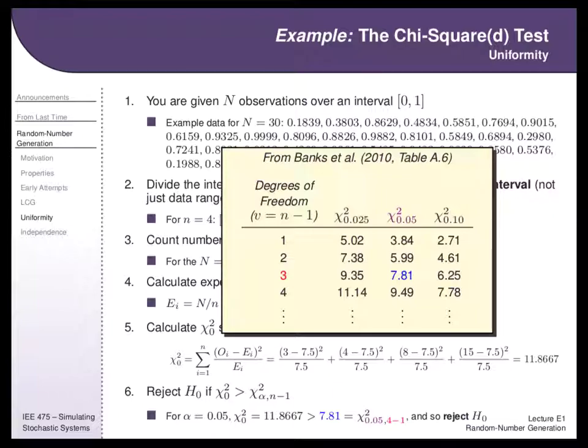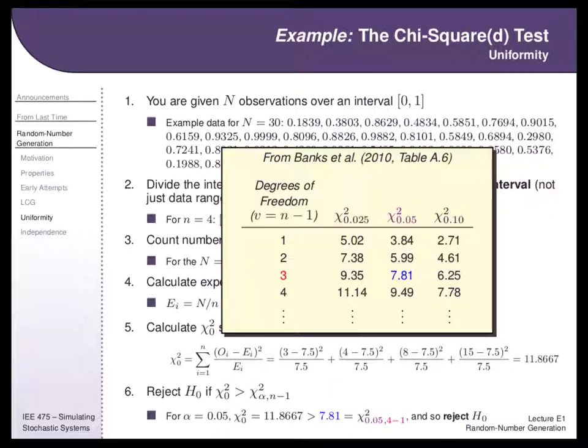So I look in row 3, and the columns here are organized by that alpha value, that acceptable type 1 error, and that's 0.05. And so I find that my critical chi-squared value is 7.81. Now down here I see that 11.866 is way bigger than 7.81.